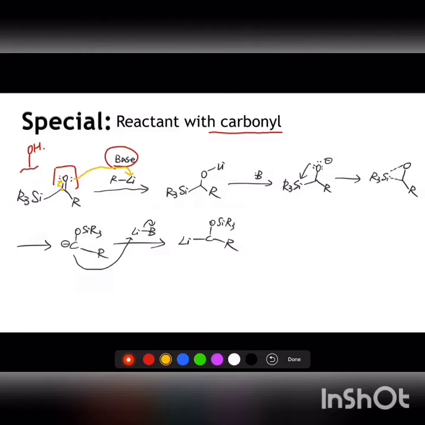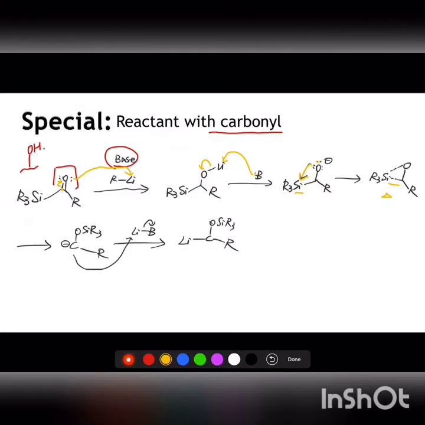So lithium bonds to oxygen, and still under the base environment, this lone pair on the base will attack the lithium, and this bond will break and give the oxygen a lone pair, so the oxygen has a negative charge, and this lone pair will attack the silicon atom and form a transition state, a 3-membered ring, and this bond is going to break.